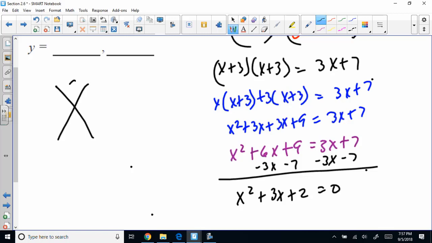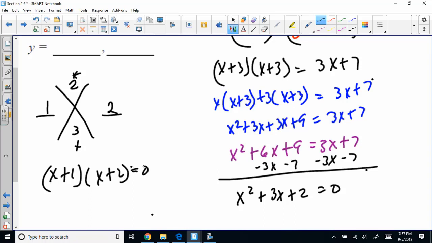What are the factors of 2 that add together to give you 3? That's this, right? So we have x plus 1 and x plus 2 equals 0. So x plus 1 equals 0, x plus 2 equals 0. So x equals negative 1 and x equals negative 2. Fair enough?